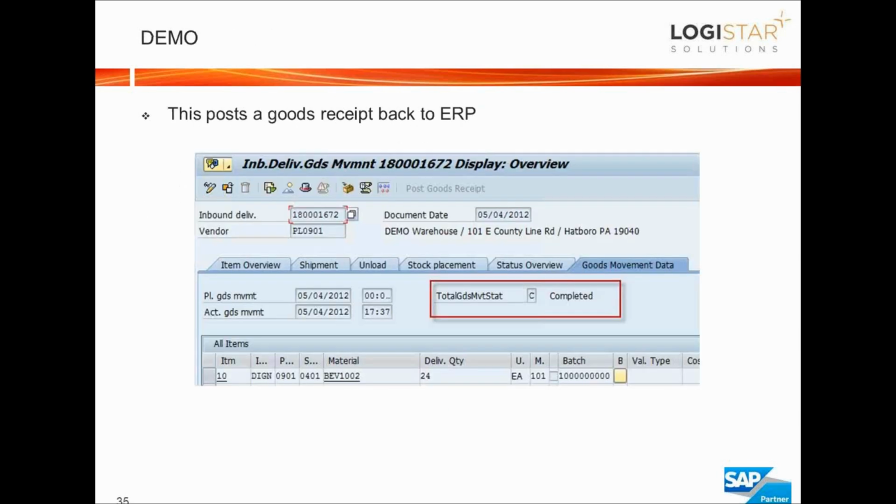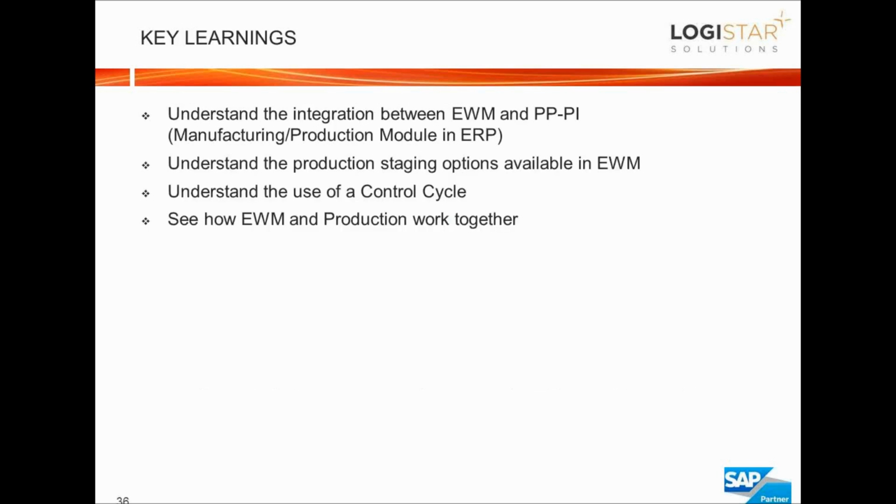So that's really the core process that we've gone through, from issuing the components to receipt and discussing the different staging strategies. Hopefully you walk away today with at least an understanding of the production process, how these staging options are available, the use of control cycles, and how the whole integration works.